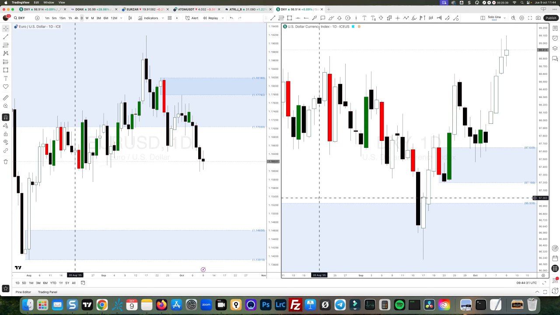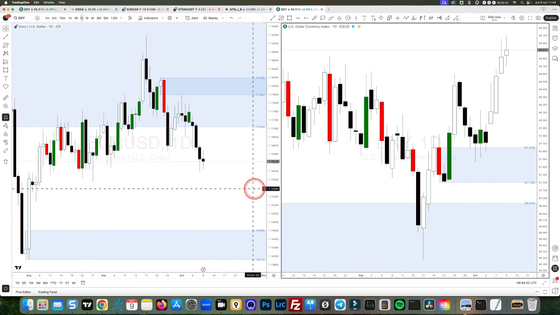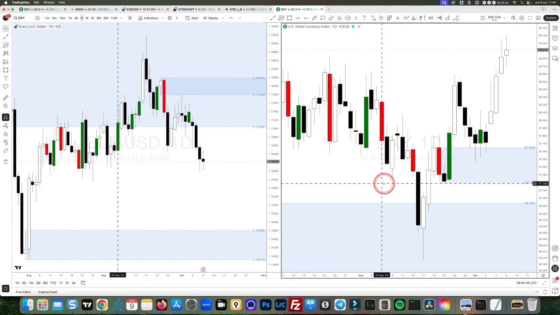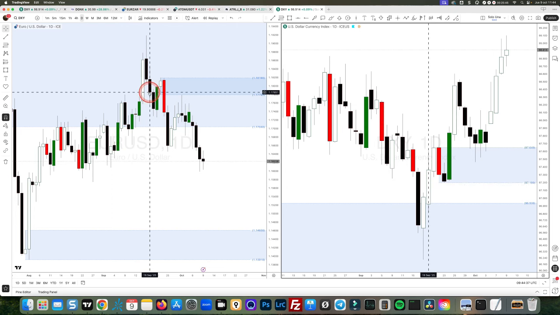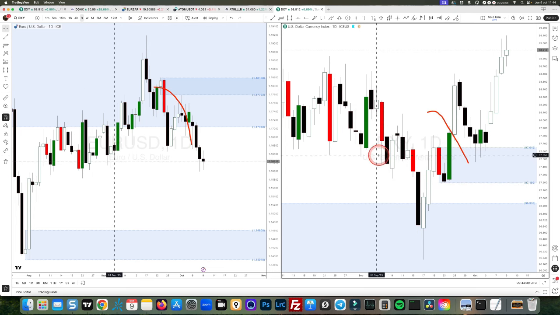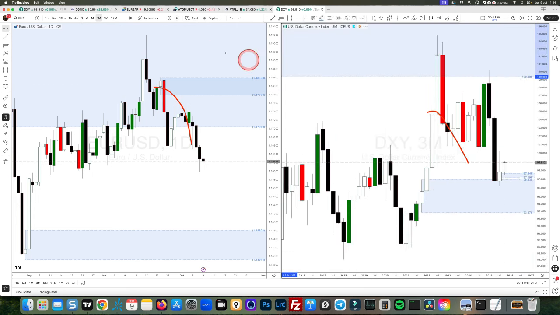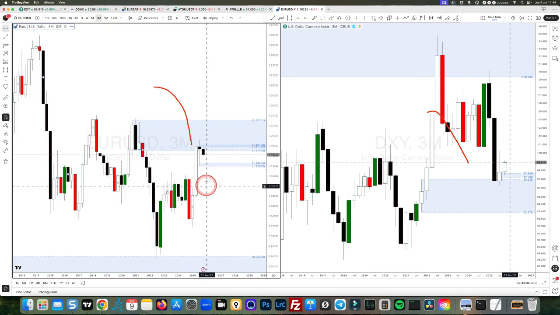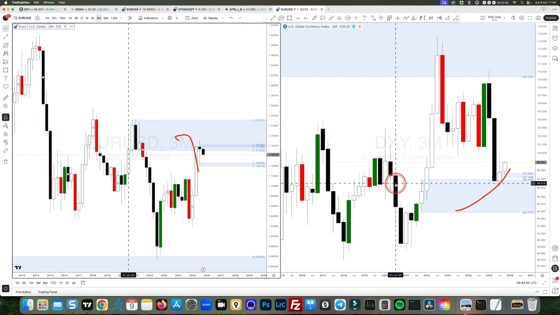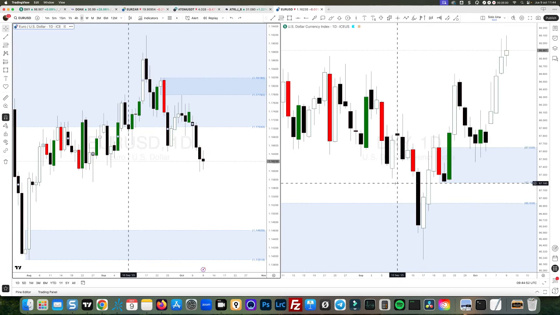So the euro dollar and the dollar index DXY correlation is one of the cleanest examples. This is a clean example with the bigger time frames too, as I said before. They are also correlated, supply and demand, with these examples. It is a very clear example of supply and demand level symmetry in the Forex market.